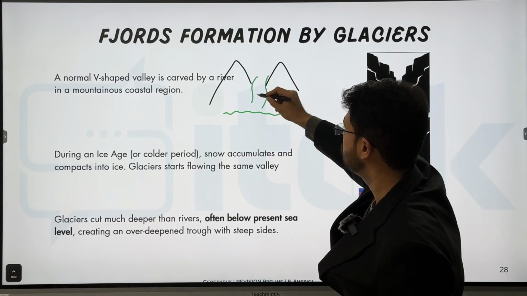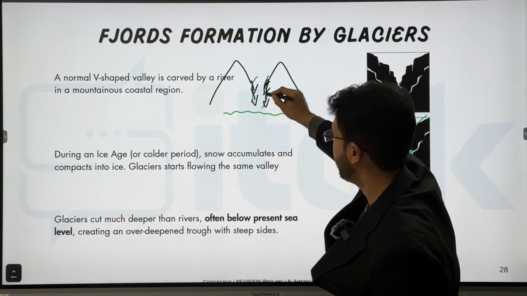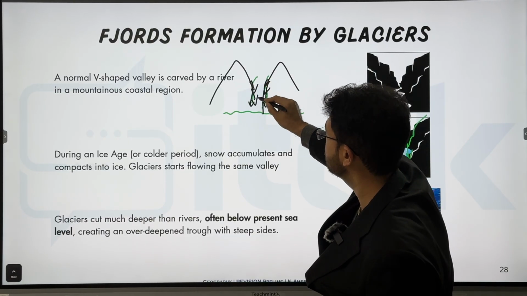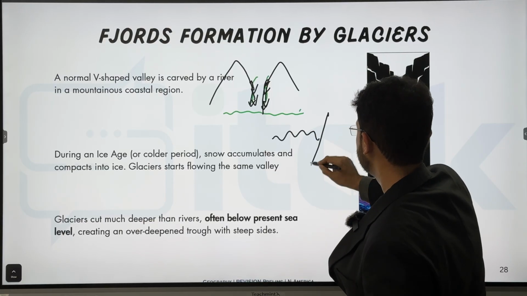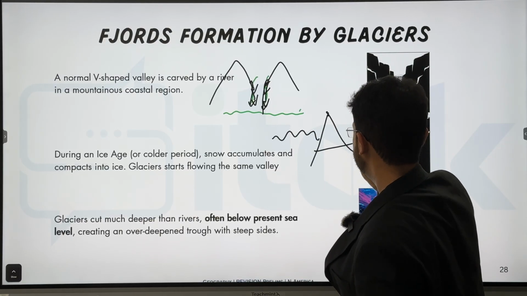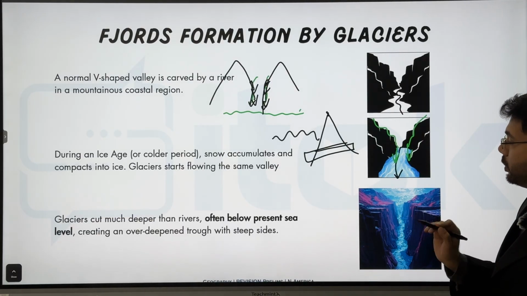The glacier will be carving and carving within, and this might go even below the sea level. So your sea level might be ending here, but the glacier has carved somewhere here. I hope this is understood.